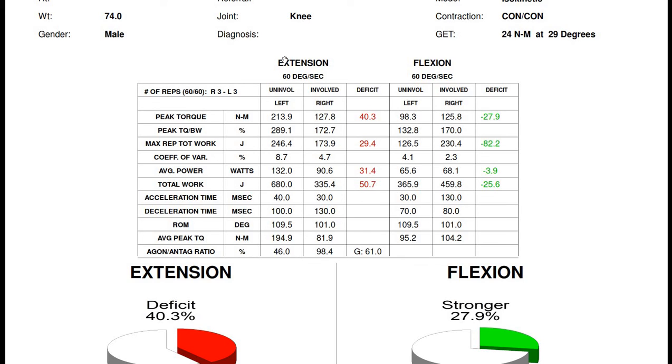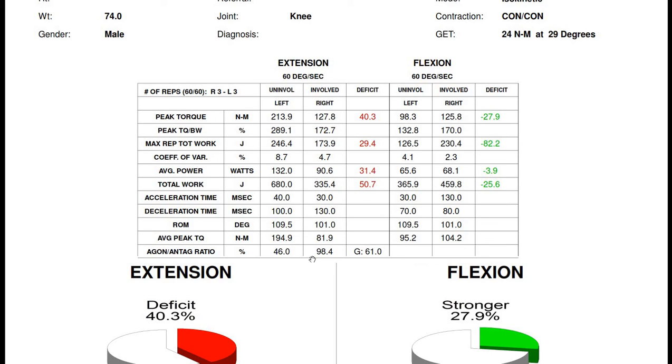So in this case, the agonist muscles are the knee extensors and the antagonists are the flexors. So we have a value here for the left and right leg. So this is a uni-natural analysis looking at the agonist-antagonist pair.